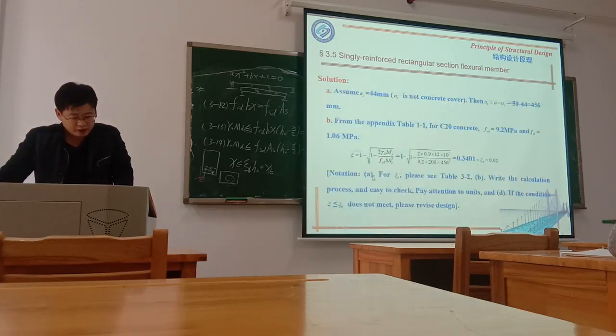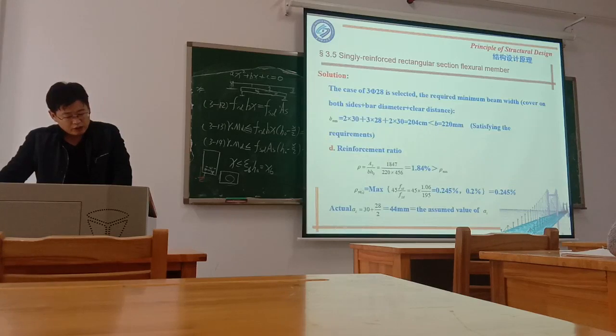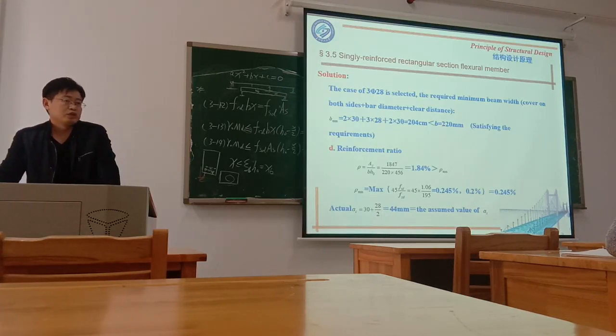Then we get the real AS. Because at the beginning we assumed AS equal to 44. But now, once you select the reinforcement with diameter 28, the real AS according to the arrangement, with the cover thickness 30 and half of the diameter, is equal to 44. That's just equal to what you assumed.